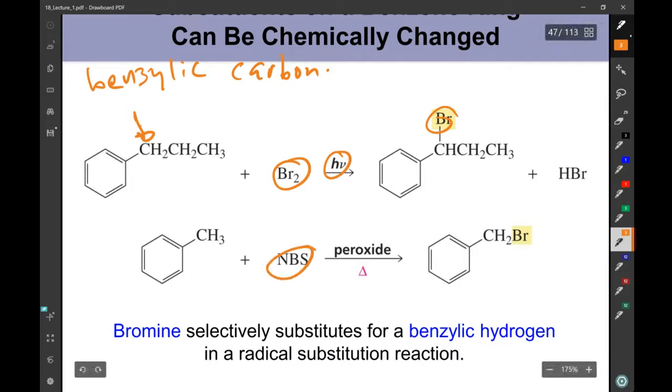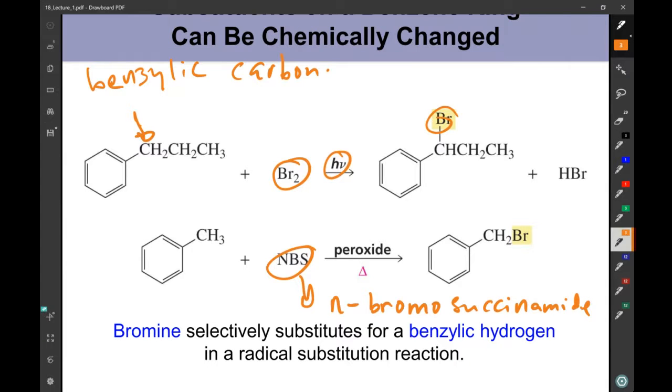If you react that using NBS, NBS stands for N-bromosuccinimide. This is the N, that's the B, and that's the S. That's what NBS stands for.